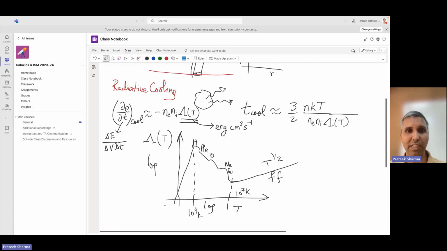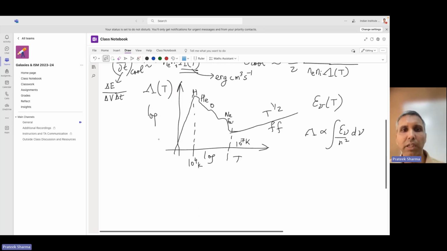Okay, so this is lambda T. If you recall, there was this epsilon nu T, the emissivity of the plasma. This lambda T is essentially proportional to the integral of epsilon nu by n squared d nu. You're calculating how much energy the plasma loses across all frequencies.